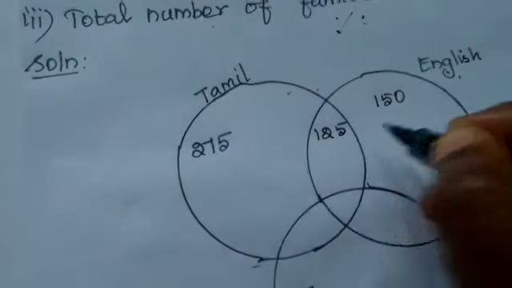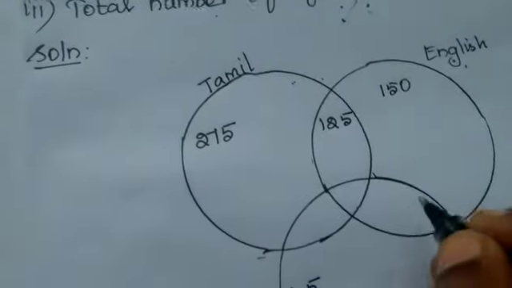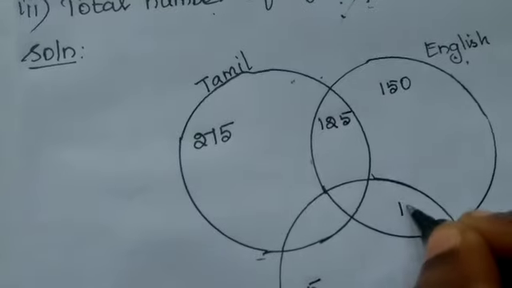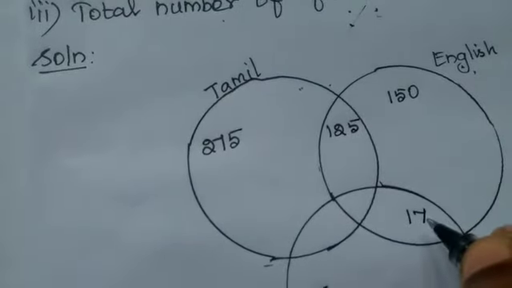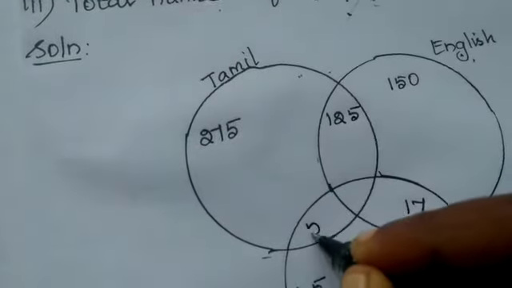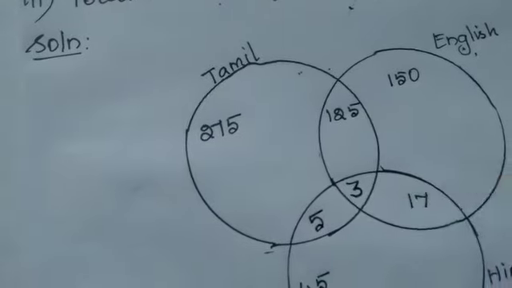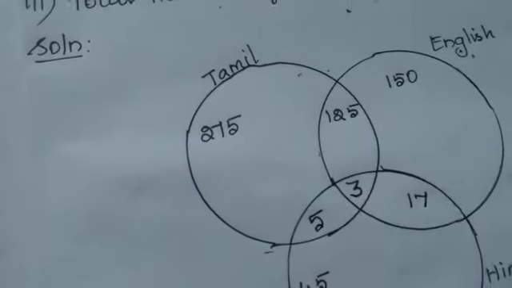The intersection place we want. Next, English and Hindi, how many families? 17 families. Next, Tamil and Hindi, 5 families. All the 3, how many families? 3 families. This is common for all.